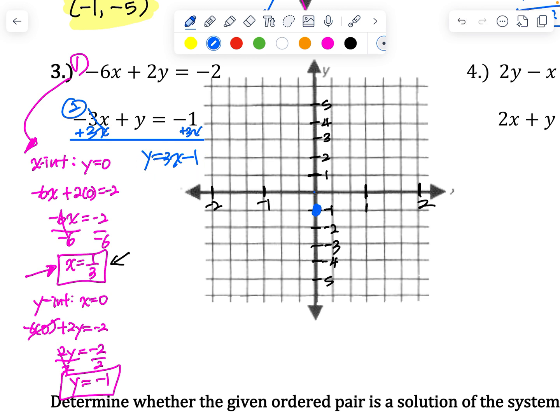Then I go up 3, rise 3, run 1. But remember, 1 is this whole 3 tick marks. So rise 3, run 1. My interval for x is different; it goes up by 1/3. That looks like my graph for the second equation.